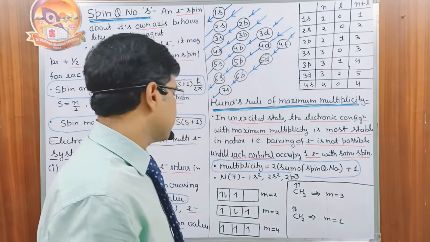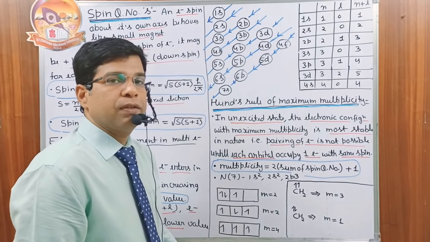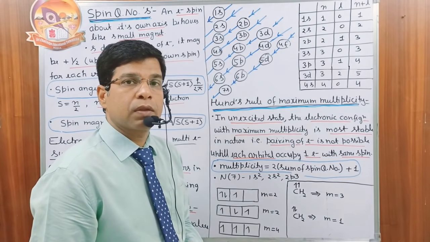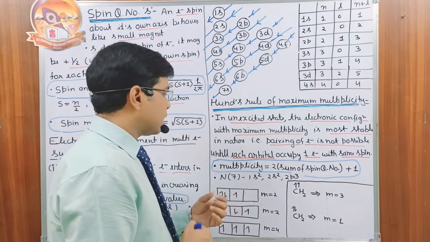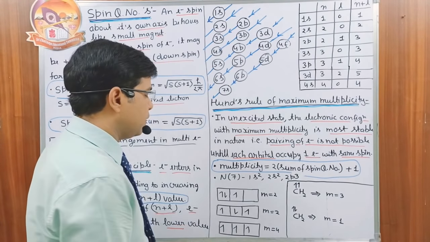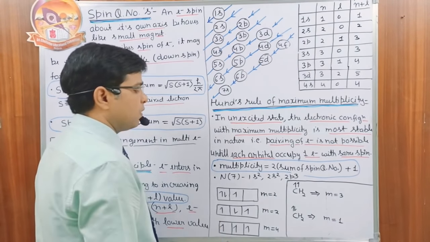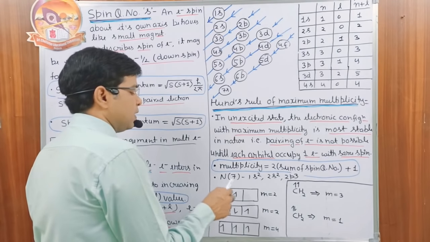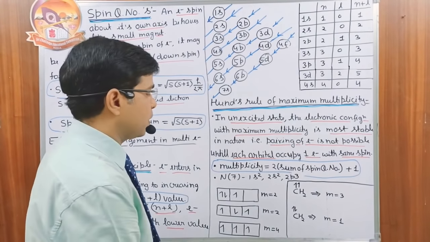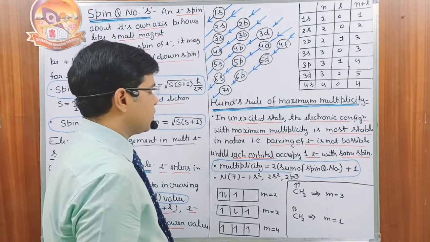Now see, n is equal to 7. Electronic configuration 1s2 2s2 2p3. In the 2p, we have 3 electrons. What are the possibilities? First electron in the first orbital, second electron in the same orbital, and third electron in a different orbital. Now we calculate the multiplicity.